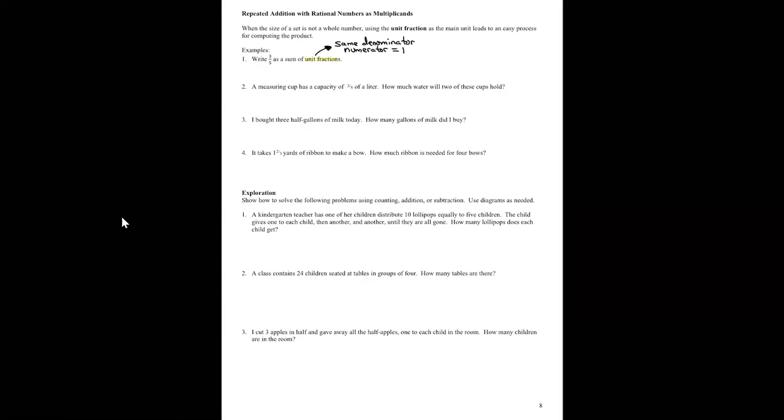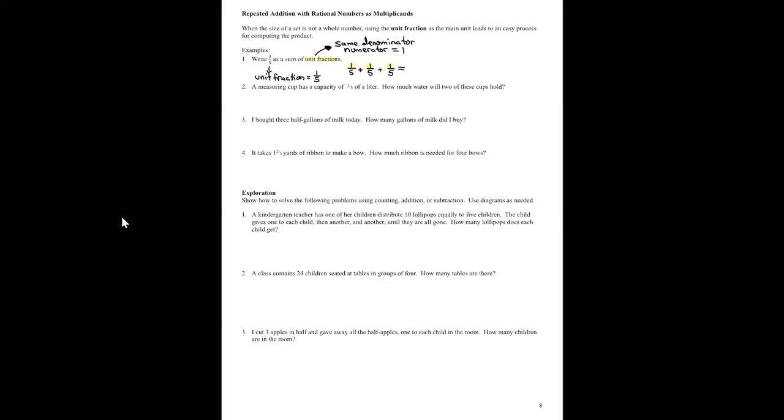So the unit fraction associated with 3/5 would be 1/5. So if I want to write 3/5 as a sum of unit fractions, I'd have 1/5 plus 1/5 plus 1/5. And that's because 1 plus 1 plus 1 is going to give me a 3.